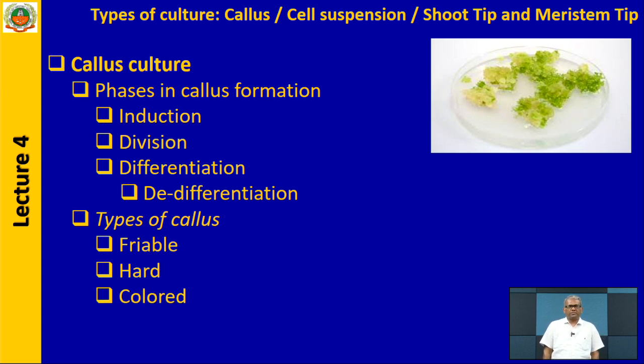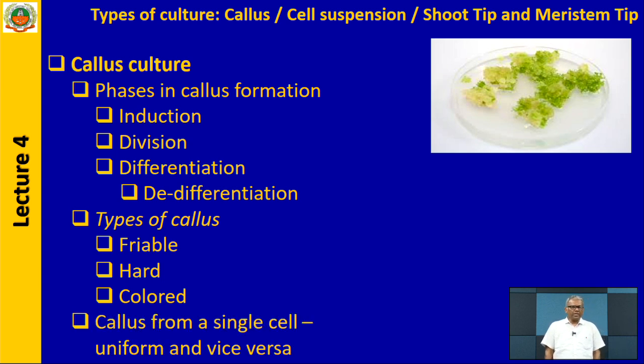Among the friable and hard calli, friable calli take up a lot of roles in tissue culture, whereas the hard calli are discarded. If we are able to obtain a mass of cells or your callus from a single cell, the cells are going to be uniform, or else it is going to be the reverse.